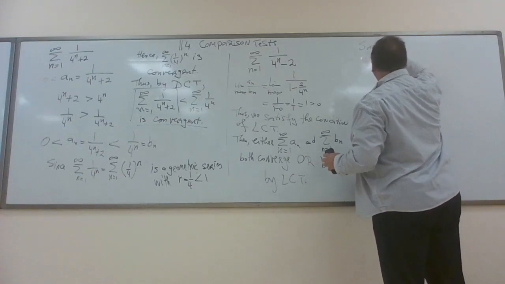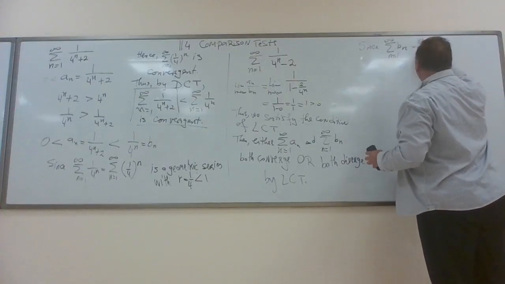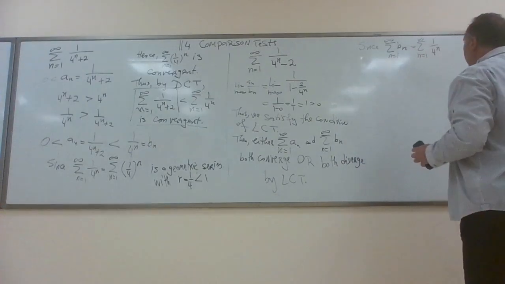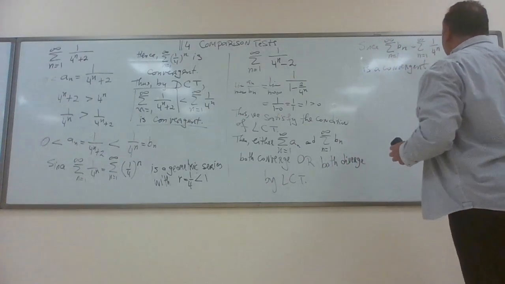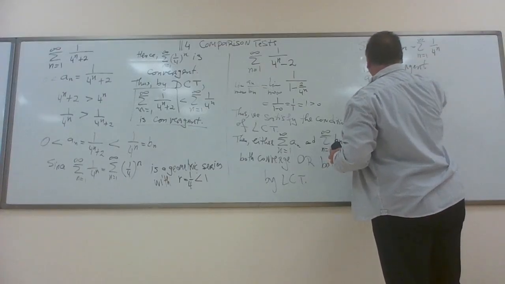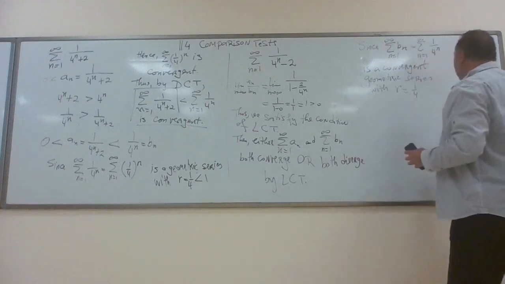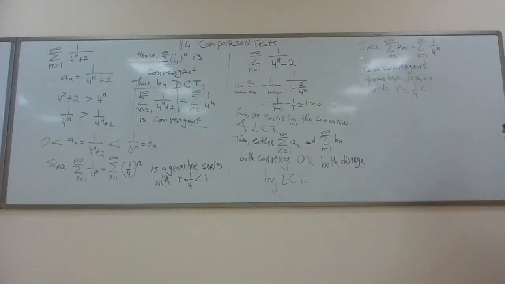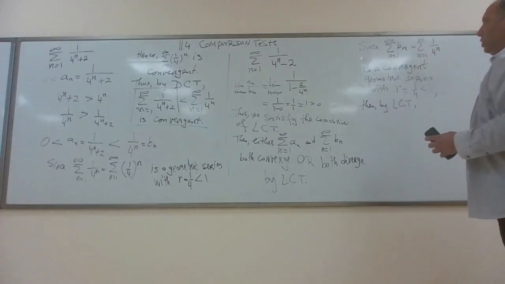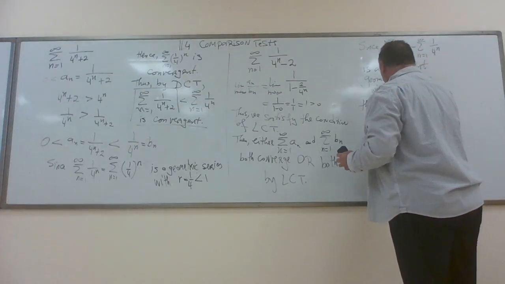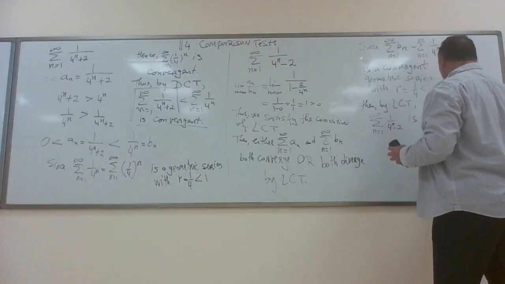Since the series with b, 1 over 4 to the power n, is a convergent geometric series, the original series must be convergent also.